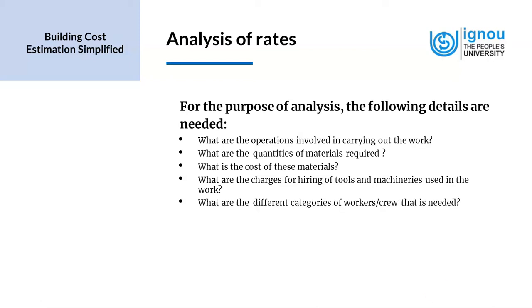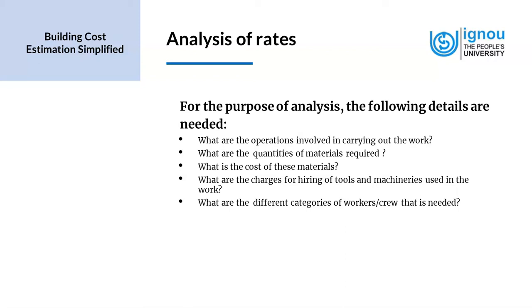The next is, what are the different categories of workers, crew that is needed? So in a particular job, we might need different categories of workers. We might need skilled laborers. We might also need unskilled laborers.